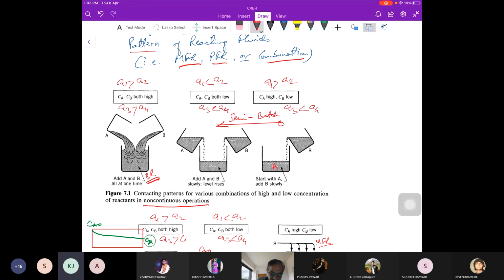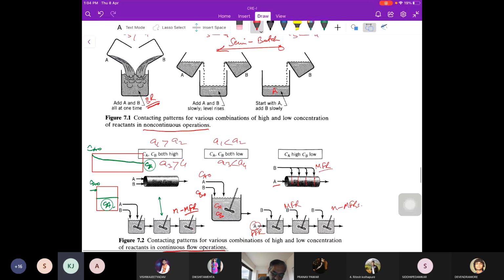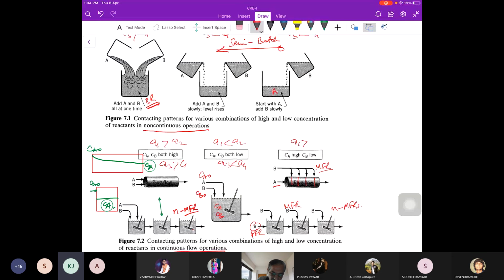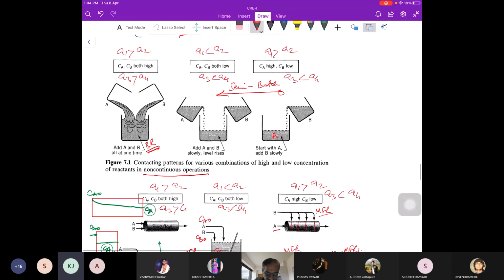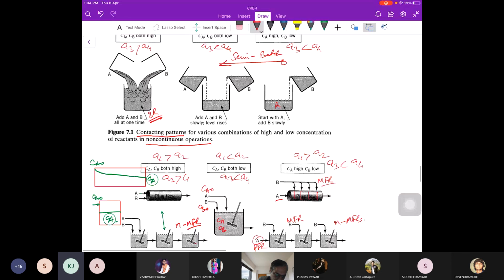So in this case I can use this configuration. और यहाँ पर सेम हो गया, A1 is greater than A2 and A3 is less than A4. In this case I can use this configuration. So depending on order of reactions I can decide कि मेरे को क्या हाई चाहिए क्या लो चाहिए और उसके लिए अकॉर्डिंगली कहाँ क्या कॉन्फ़िगरेशन ऑफ रिएक्टर्स मैं यूज़ कर सकता हूँ. कॉन्टैक्टिंग पैटर्न बोलते हैं इसको, it's called contacting pattern. How do we contact the reactants, right.